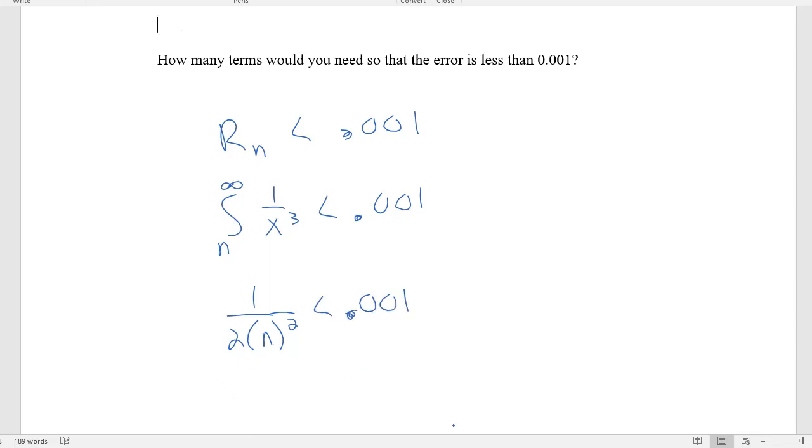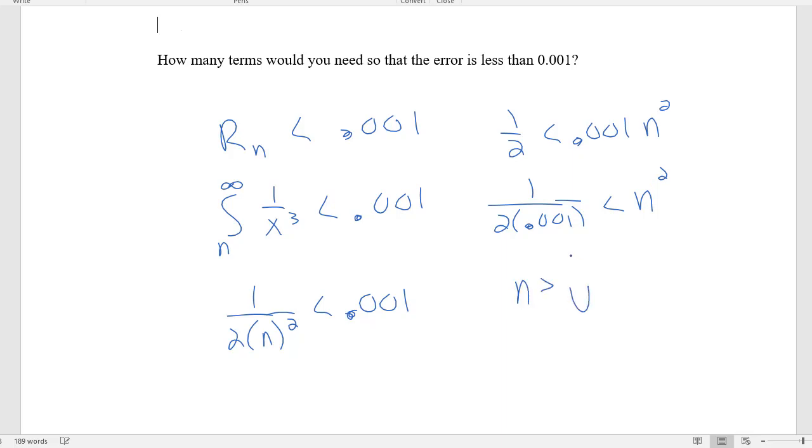So what value of n makes that true? Let's do a little bit of algebra here to solve for n. I'm going to multiply the n squared to the other side. I get 1/2 being less than 0.001 times n squared. I'll divide the 0.001 to the other side. All right, so n squared has to be greater than this number.